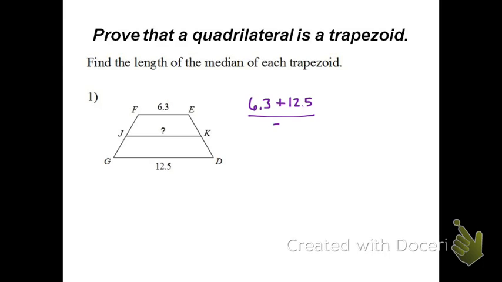If we divide that by 2, let's see, what is the sum of 6.3 plus 12.5? Okay, we have 18.8 divided by 2, and that is what? The median here is 9.4. Alright. So if you were finding length, you could say that JK, which is indeed here, JK is indeed the median, and it is 9.4.